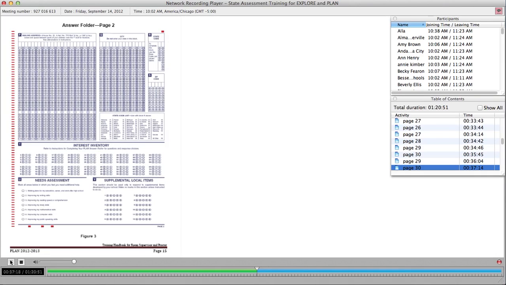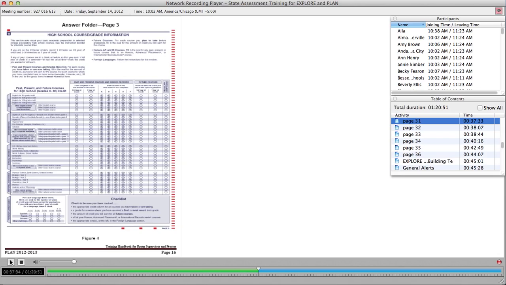There's a needs assessment just as there is on EXPLORE. And we have not provided any supplemental items. If you would like to do that, there is a section for supplemental items. The answer folder, page 3, is the section for the student to record his or her high school courses and grades.